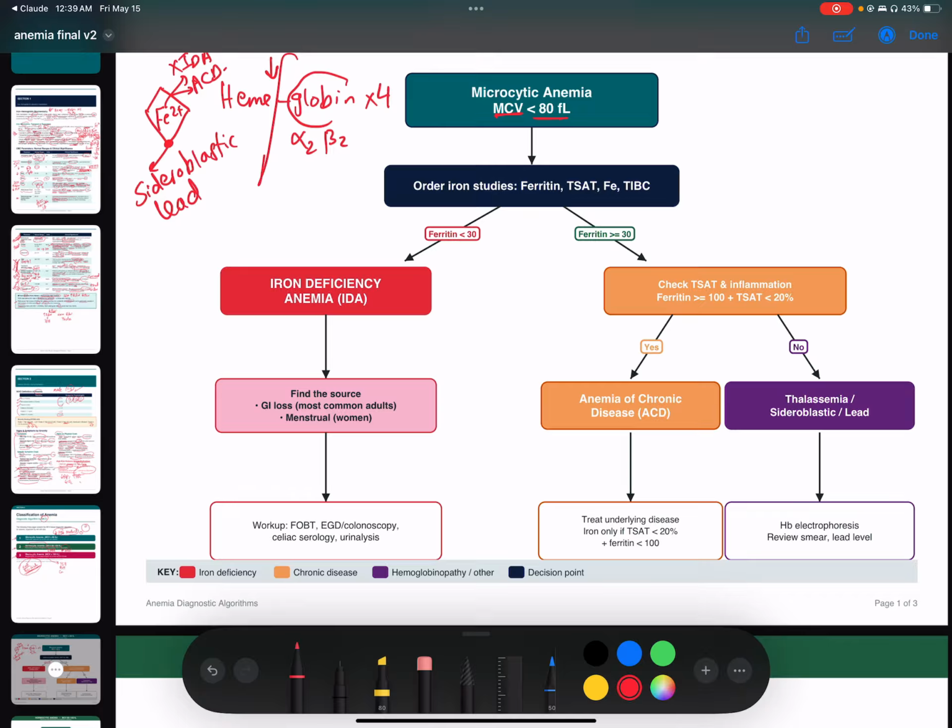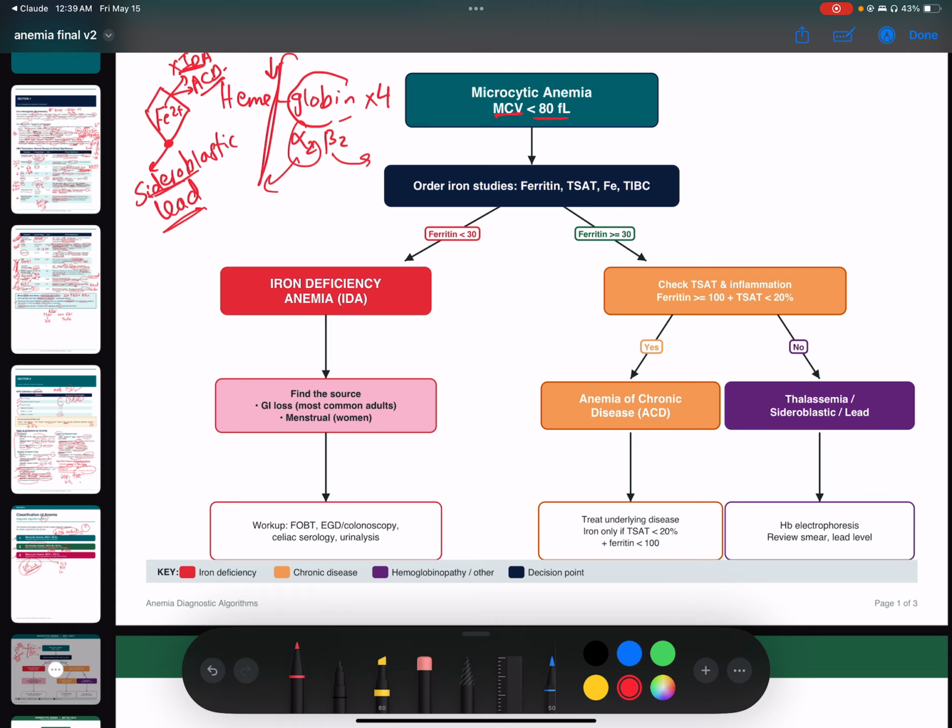So mainly those are the causes of microcytic anemia: IDA, a problem in the iron; anemia of chronic disease; a problem in the porphyrin ring, sideroblastic anemia and lead; and a problem in the globin protein, so alpha thalassemia and beta thalassemia, right?